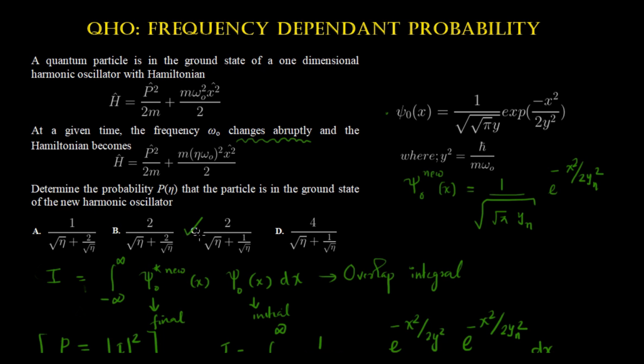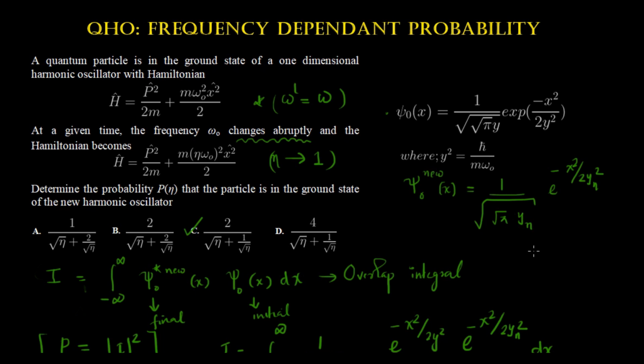So now let's go to the shortcut method. The shortcut method is very easy if you look at the options here, and if you think like this: what happens when eta tends to 1, or omega prime tends to omega? Just think about this limiting case. In that case, the new overlap integral becomes the same as the initial state, so the new one and the old one will be the same.